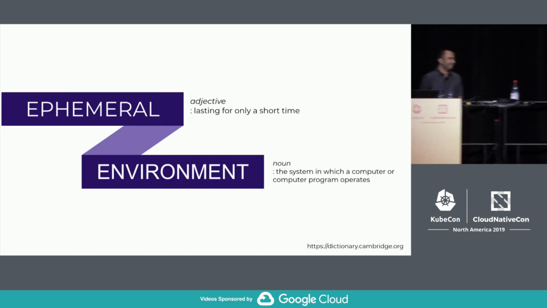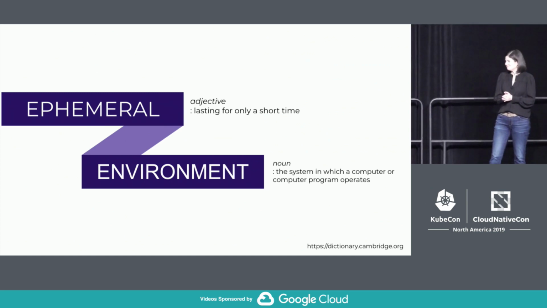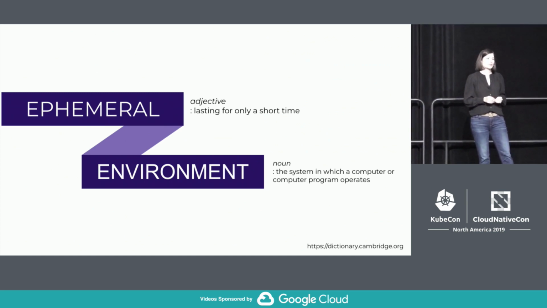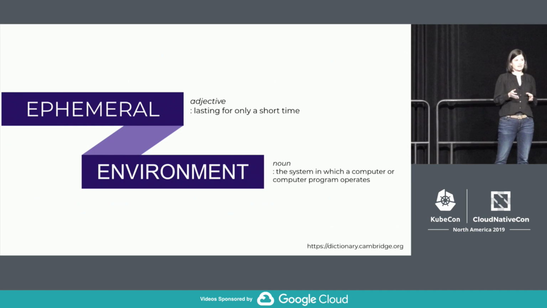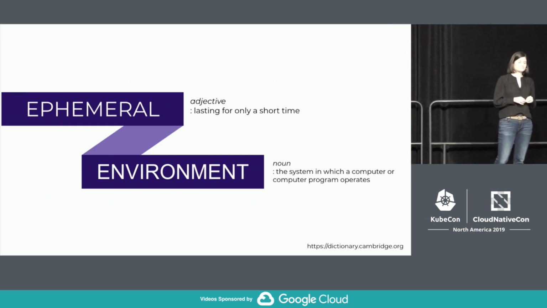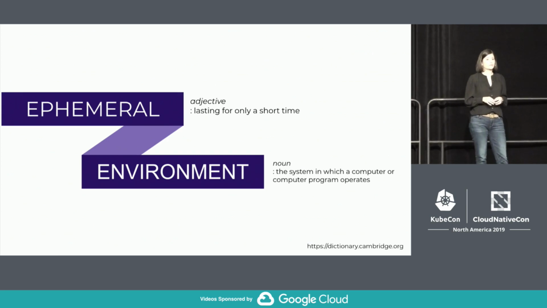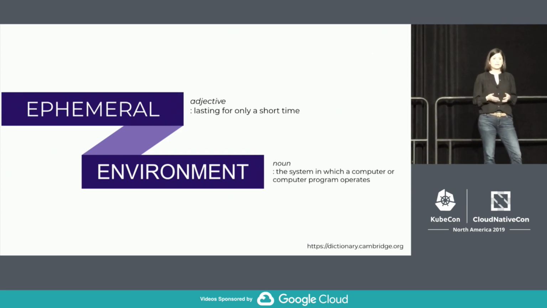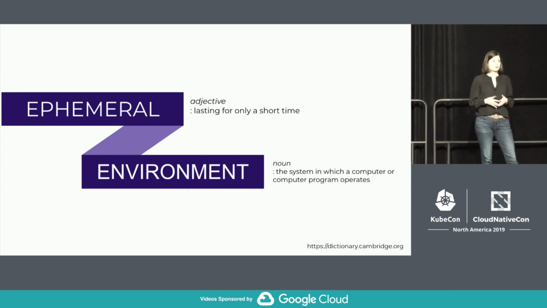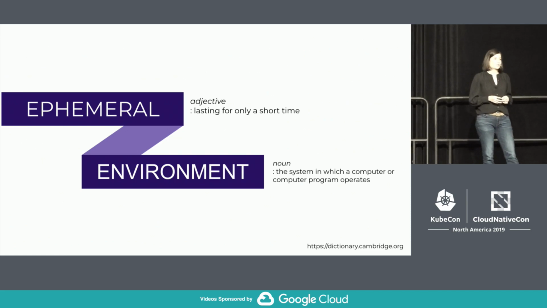But we're going to use ephemeral environments to do just that. An ephemeral environment is a short-lived environment that we're going to spin up for testing and then tear down. Short-lived is subjective. So for testing, we're going to want this to be quick. If we're debugging or troubleshooting, we may leave that environment up for a little bit longer. The bounds of our environment are also subjective. To maintain agility, we're going to want to make sure we're only testing the particular microservice we're trying to deploy.